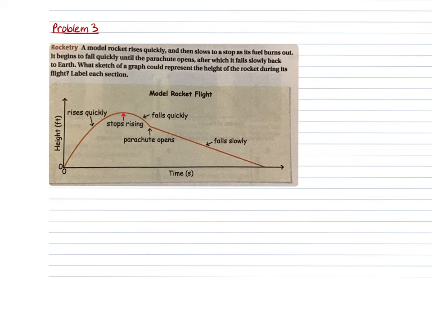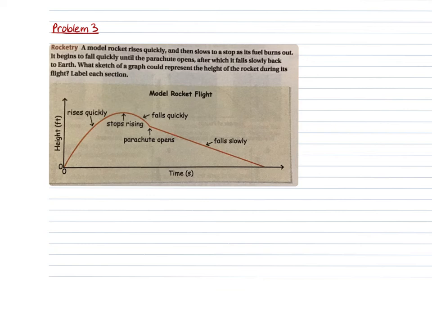It begins to fall quickly. Right here, it's falling quickly, until the parachute opens, and then they fall slowly back to Earth. What sketch of a graph could represent the height of the rocket during this flight? Well, look at that. I just already put it. And I think it makes more sense if we talk about it as we're going through this, right?